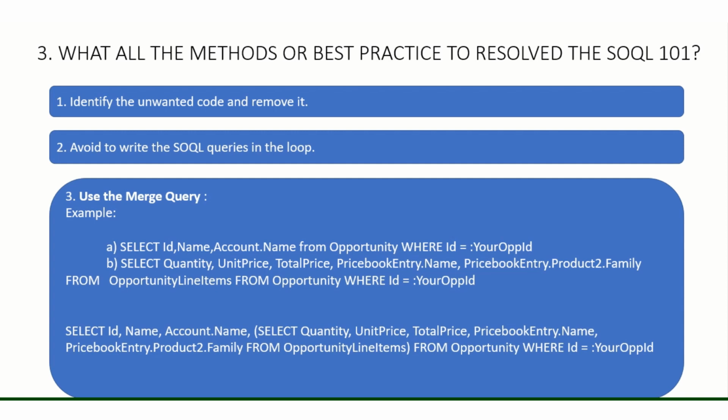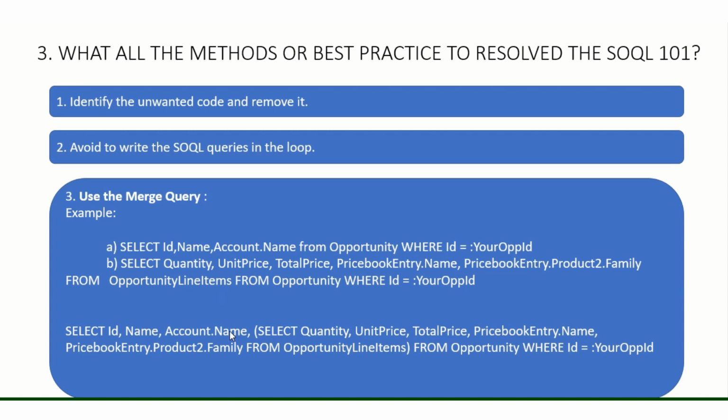Third, you should use a merged query. Suppose there is a case, I have created one example. Suppose you have to take the data from opportunity as well as opportunity line item, right? So what will you do? In a general scenario, we put two queries and we will perform our action. It is wrong.